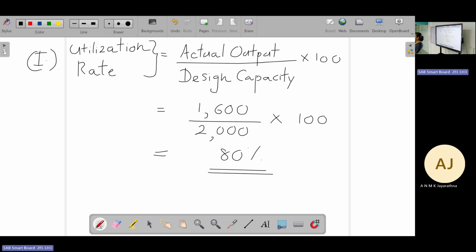Since it's a rate, you need to show the answer as a percentage.